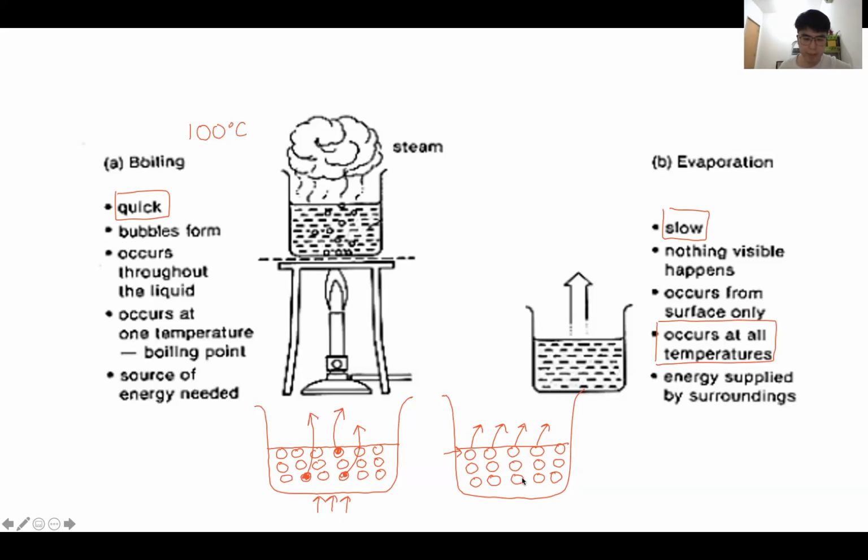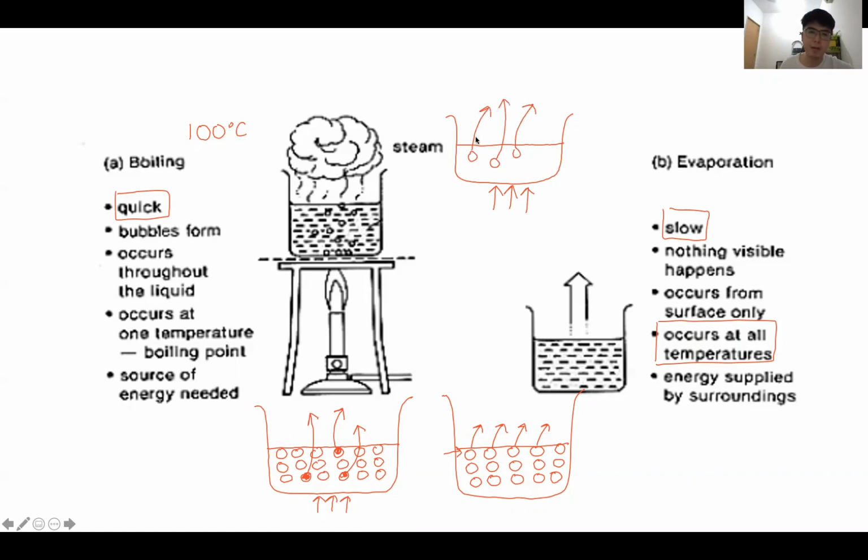Each particle has a different amount of kinetic energy. Only the faster ones can rise up. Now, also boiling happens when the pressure reaches the atmospheric pressure. Okay, this is one thing to take note. So when I heat a substance, why boiling occurs is because the particles don't just jump out like that.